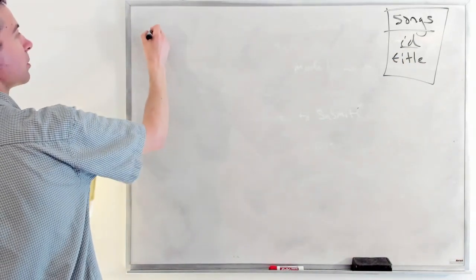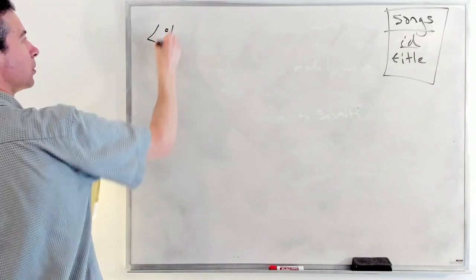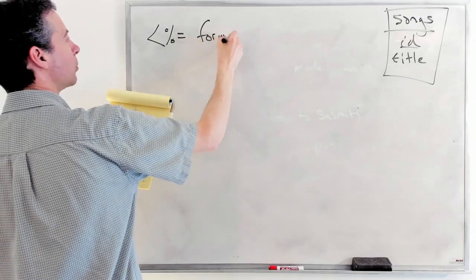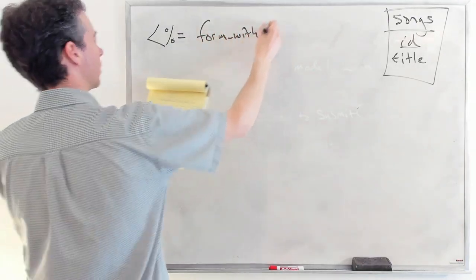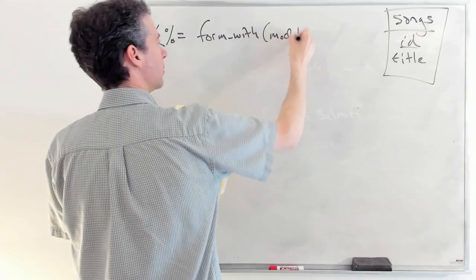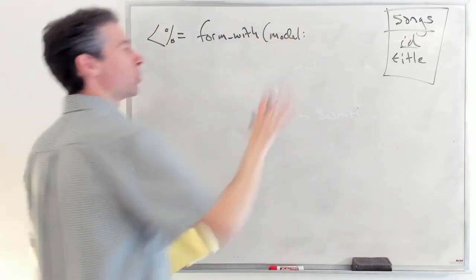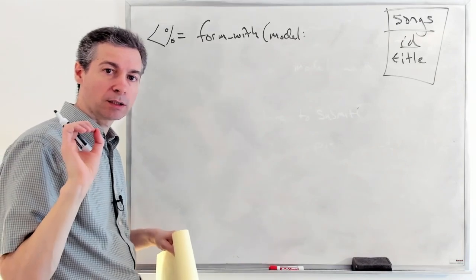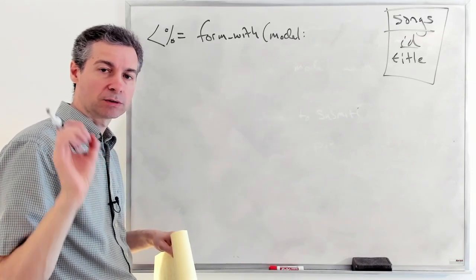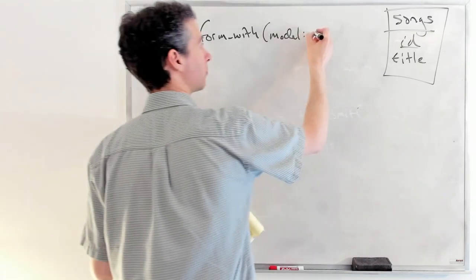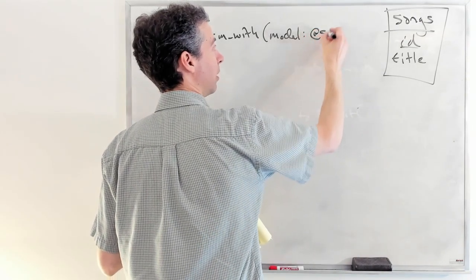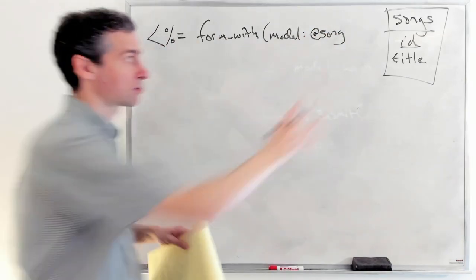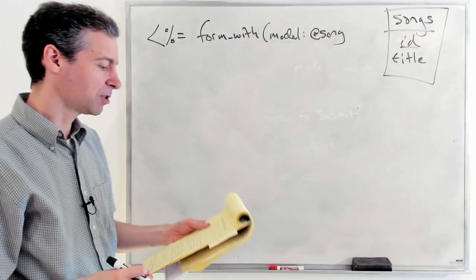So we can easily make ourselves a form with a model. We call form_with. We say it's got a model. We will have set up in the controller action an instance variable @song, and in that instance variable, we will have put a song model object.